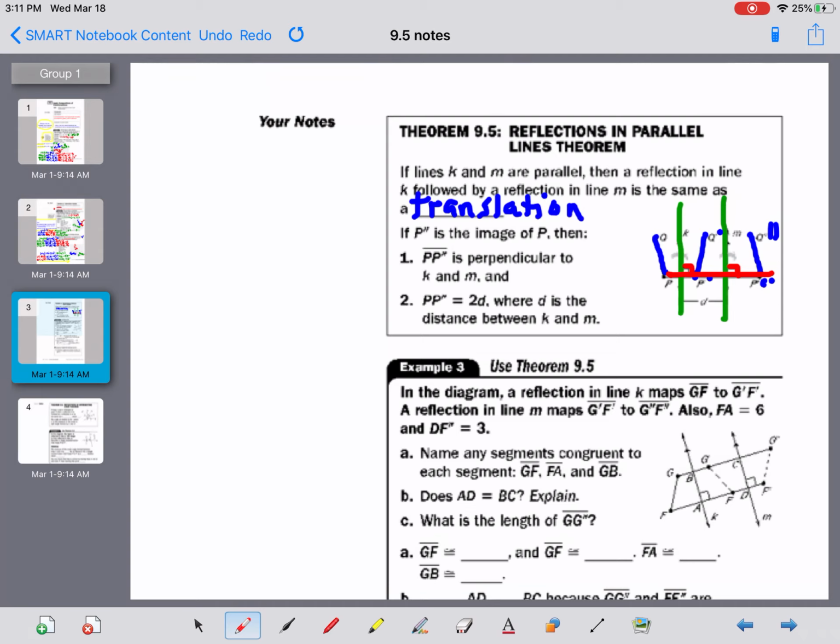But if you look from P all the way to P double prime, it's going to be exactly twice that distance. And another thing to notice is if you also joined Q to Q double prime up here, it's going to be exactly that same 2D as well, because it's also been reflected from the same two reflection lines. So let's use that as we go on to example 3 here.